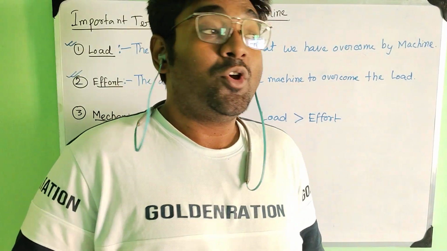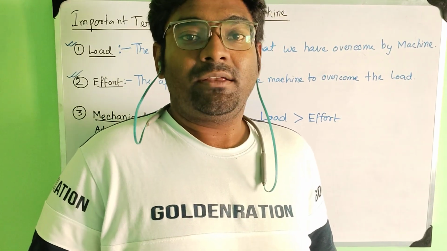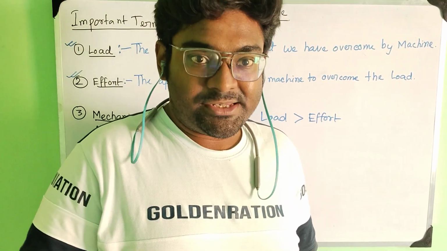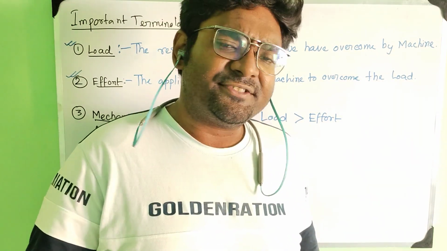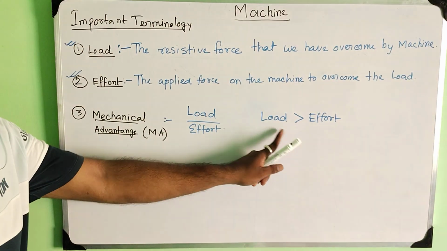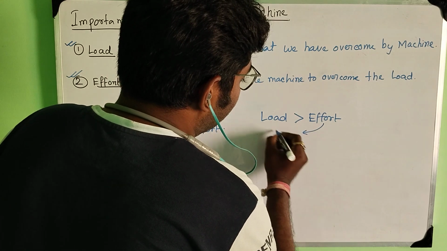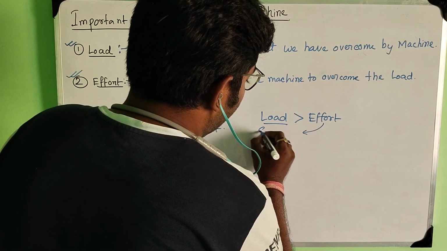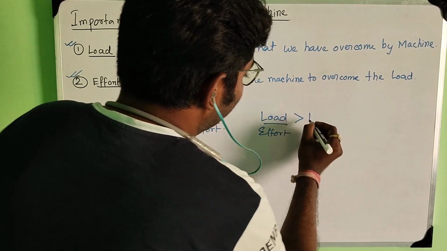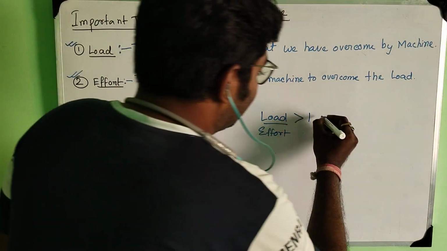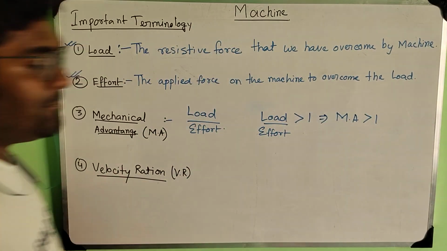Or in the case of a jack screw, with the help of a jack screw we lift the car. This car has a very huge weight. This load is very high, and the effort that we are putting is very low. So load is greater than effort, obviously. If I bring the effort to the denominator, then this is greater than 1. So I can say the mechanical advantage is greater than 1.